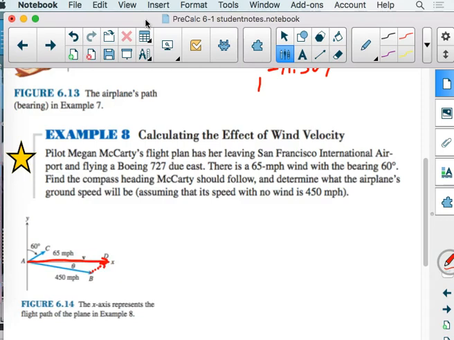If we took the wind vector and moved it down below, there's our diagonal for our parallelogram, and that's the resultant vector. So what we're really going to have to do is add vector AC and AB so that we can figure out what that's going to give us for AD. So vector AD is going to come from adding vector AC plus AB.